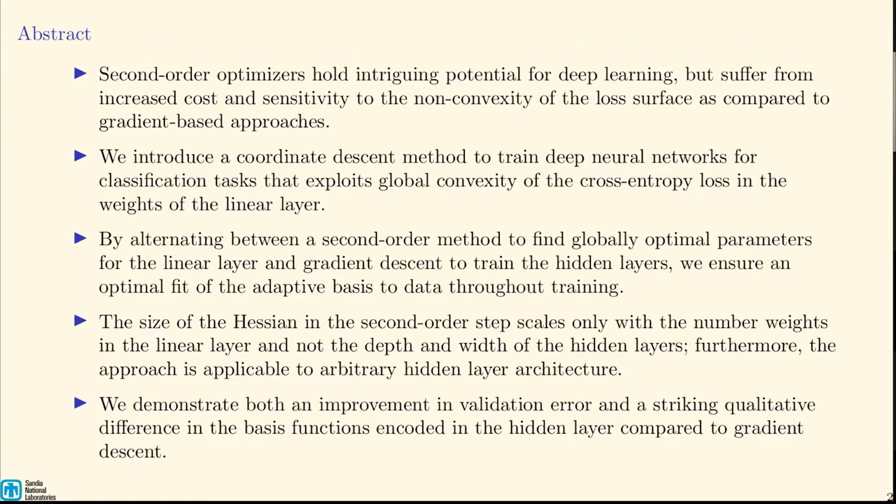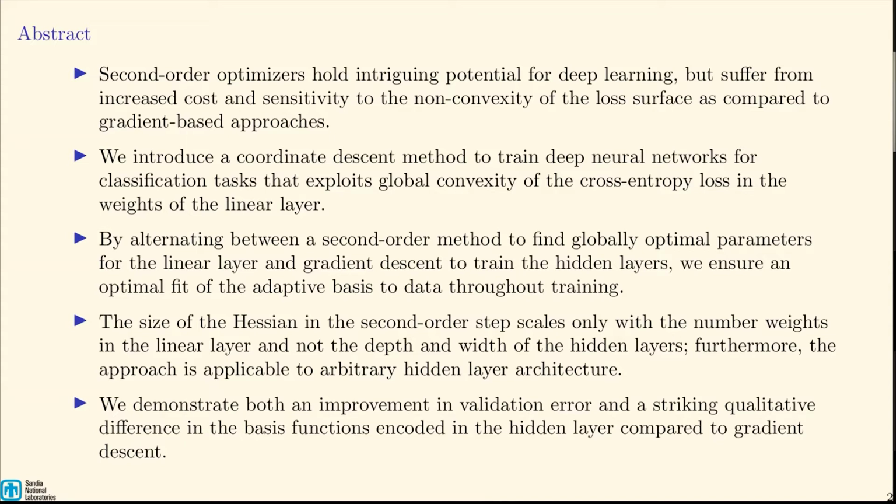Our motivation for doing this work is to explore feasible and smart ways to use second-order optimization techniques. These hold intriguing potential for deep learning. As mathematicians, we're drawn to them, but second-order optimizers scale prohibitively with the huge number of parameters in deep learning, and they are also very sensitive to the type of loss surface you have.